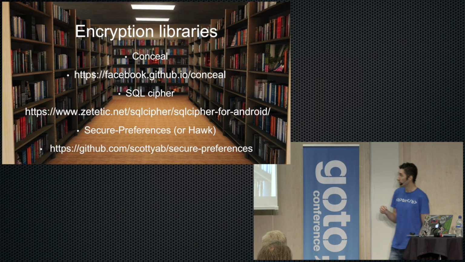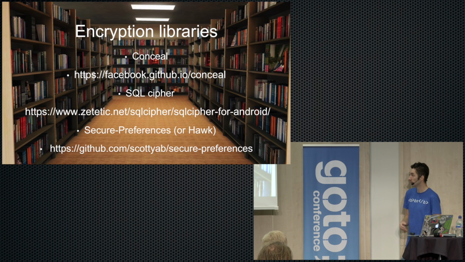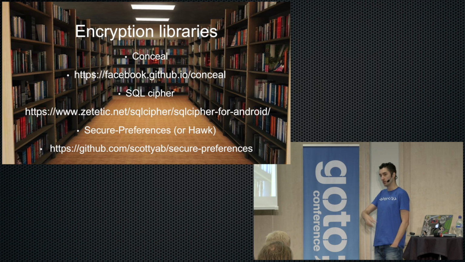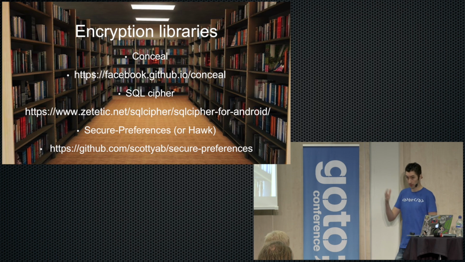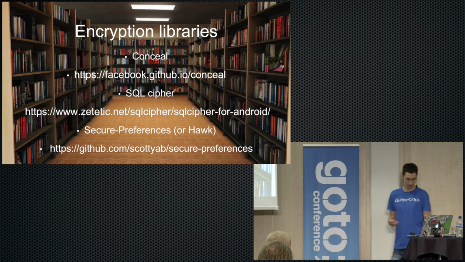With Secure Preferences, you can use it with a password, and it does that password-based encryption, and it's nice and secure. If you don't use a password, it will generate one and store it in there. So if you rip the file out, you can't tell which one's the key, but it's still just obfuscated because you could find it with enough effort. But the idea is small steps to make your apps harder to hack.